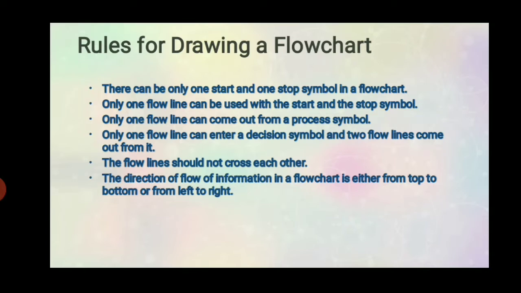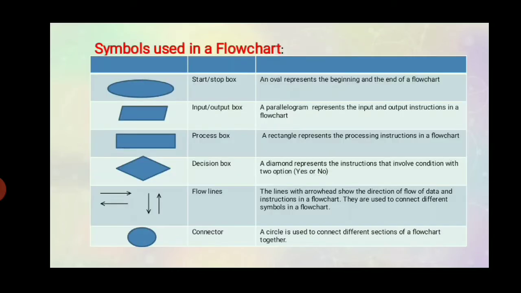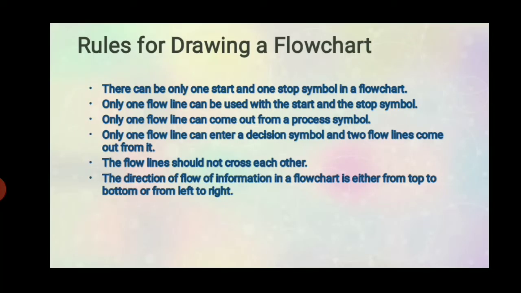When you are starting the flowchart, only one flow line, one direction, will be there for the start and stop box. Only one flow line can come out of a process box. So you need to remember these things.